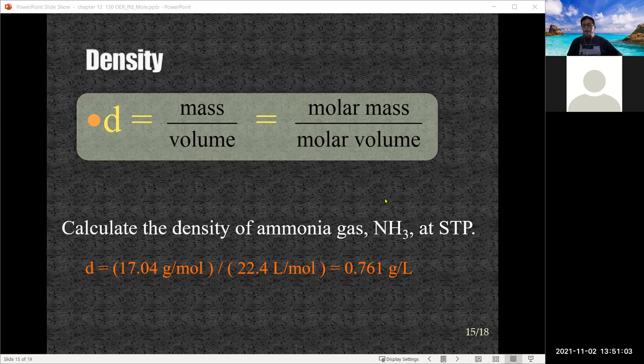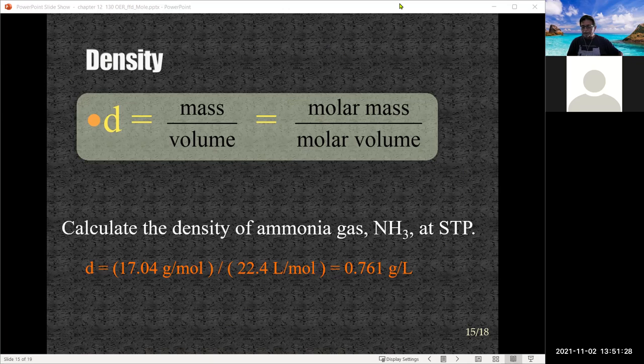That gives us a molar mass of 17.04 grams per mole. Dividing that by 22.4 tells us the density of ammonia at STP is 0.761 grams per liter.